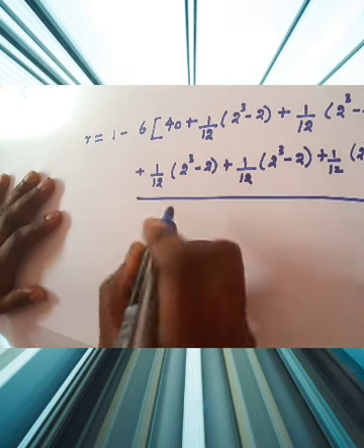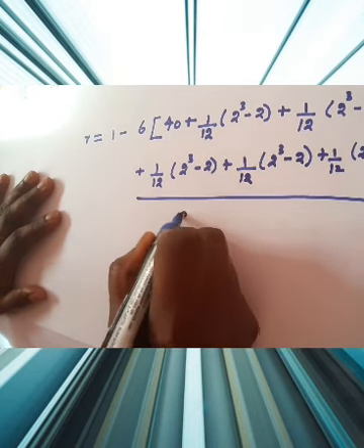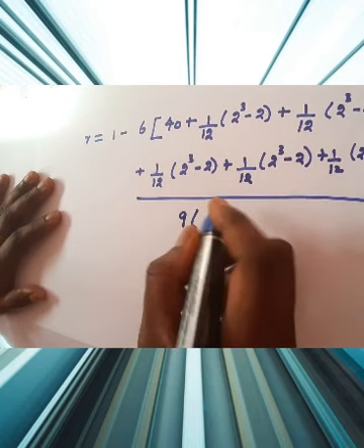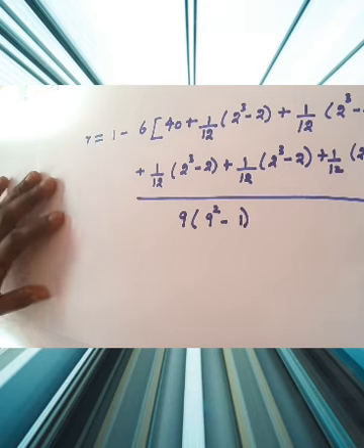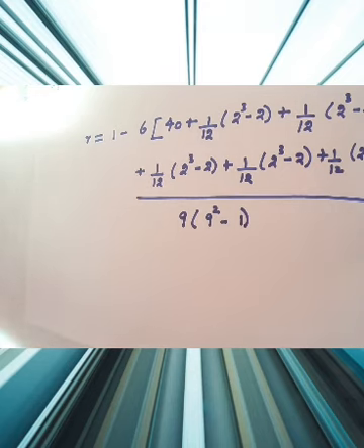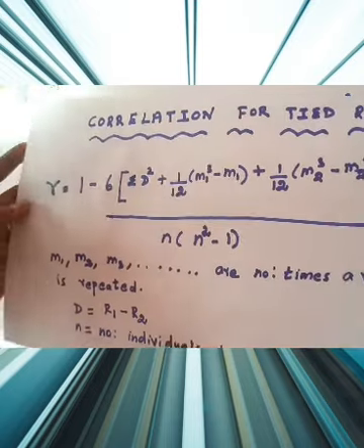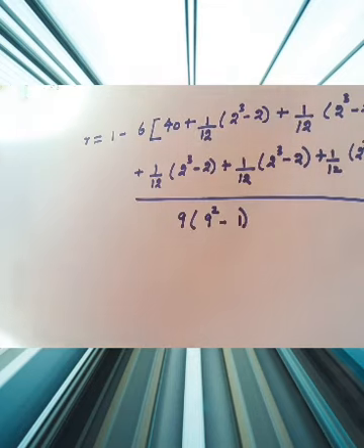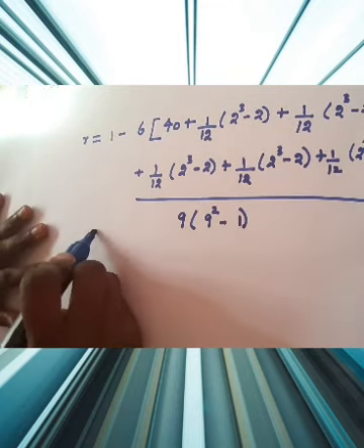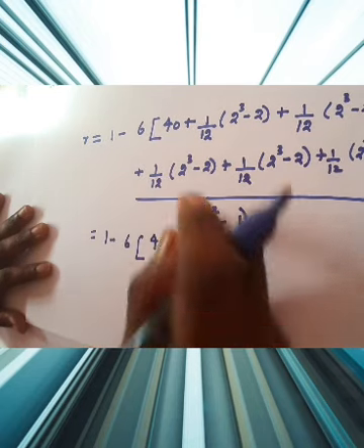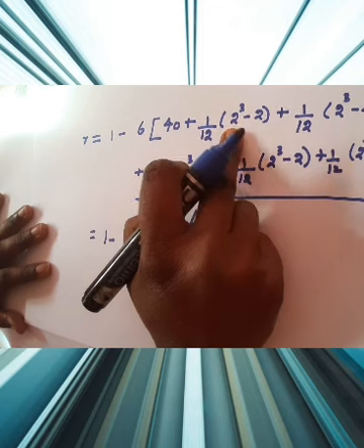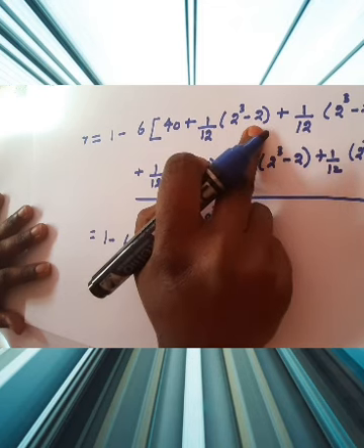The whole term is divided by n. What is the number of terms here? 9. n square is 9 square minus 1. I have just substituted it in the formula. You can have a look. So which is 1 minus 6 times 40 plus 2 cube. 2 cube is 8. 8 minus 2 will give you 6.